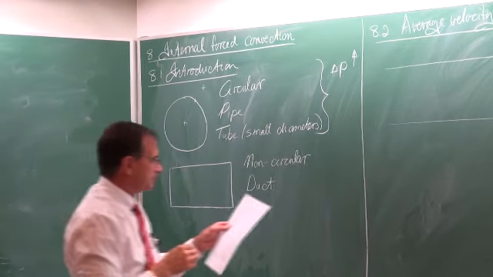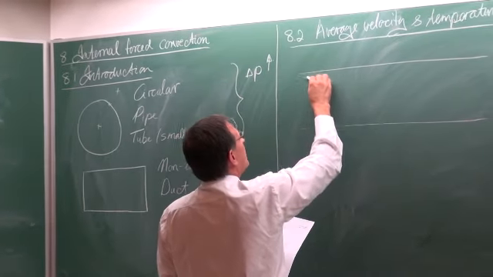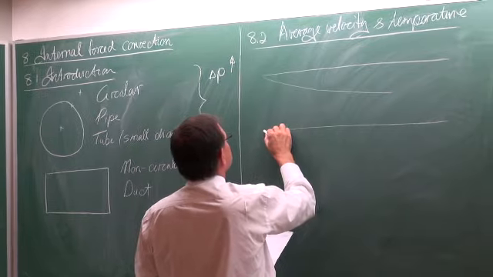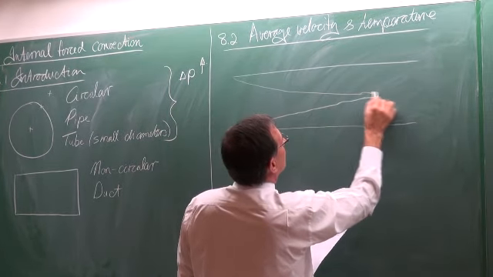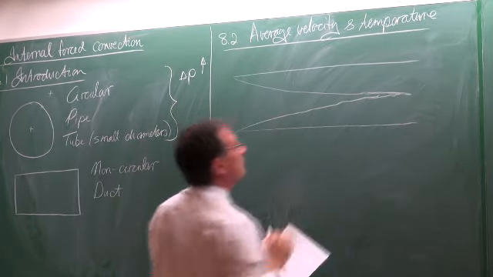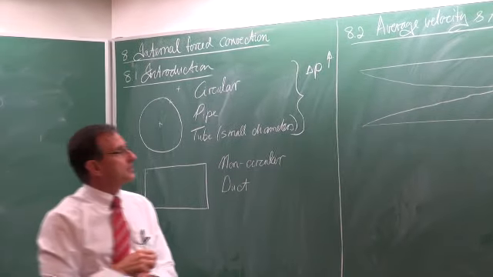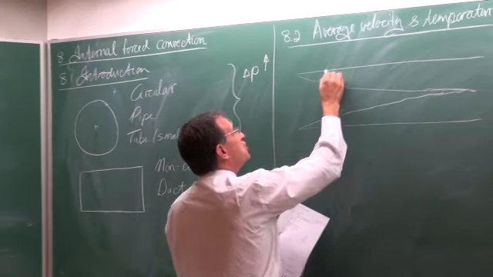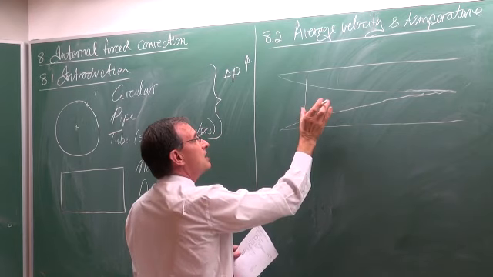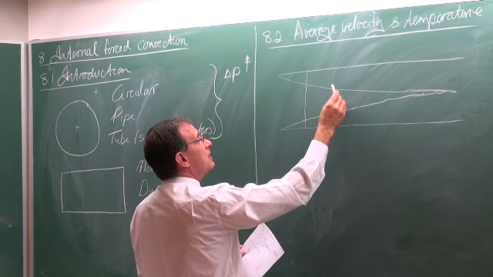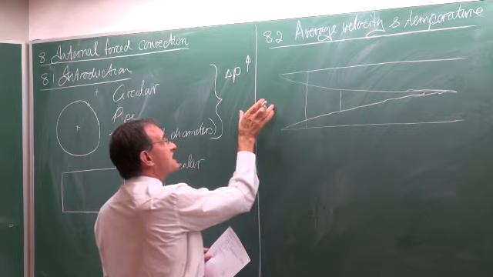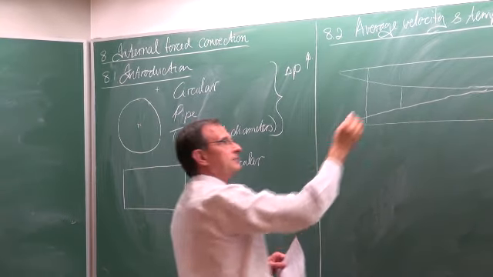or a tube, then we know that there's a boundary layer that develops. There's a boundary layer that develops, and in this region, in the entrance region, this velocity here would be the same as the inlet velocity.